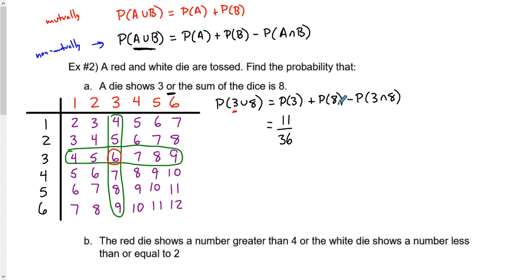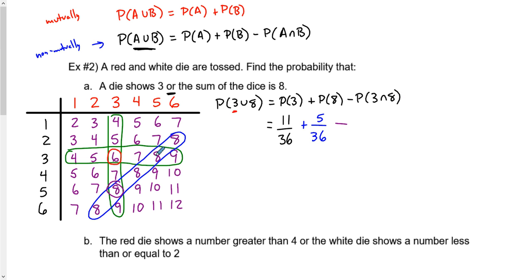And then if we talk about how many times a sum of 8 shows up, well, that's all 5 of these options. So 5 out of 36. Now what we need to do is subtract how many times a die shows a 3 and a sum of 8 happens.